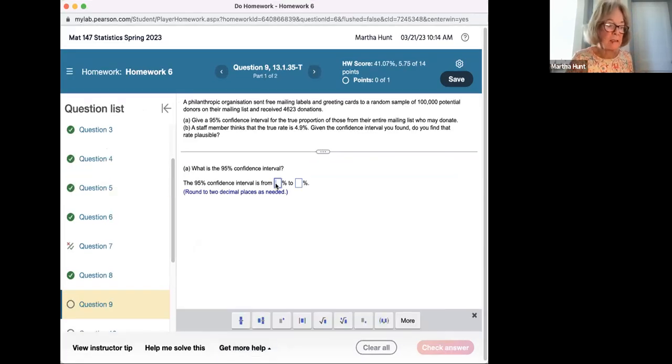So notice it says percent. Okay, so I'm going to have to change this to a percent, and it wants 2 decimal places. So it's going to be 4.4. All of this gets rounded up. 4.045.